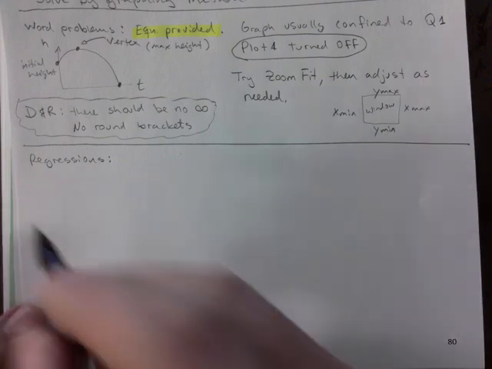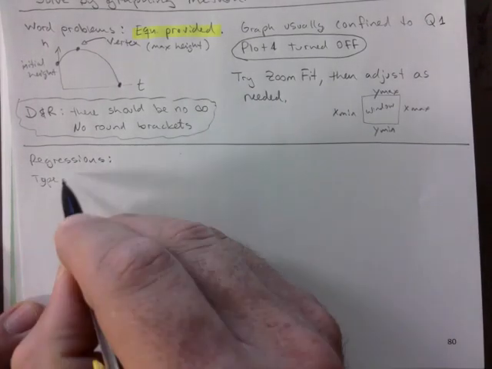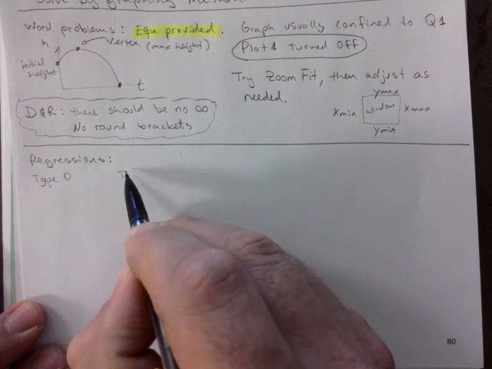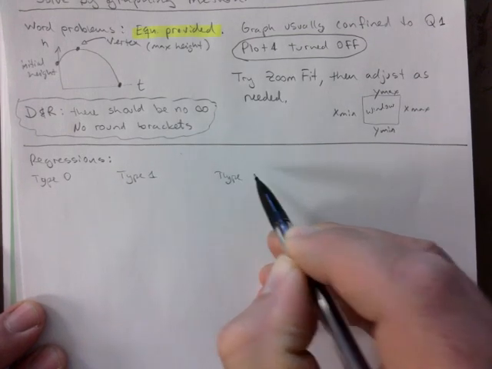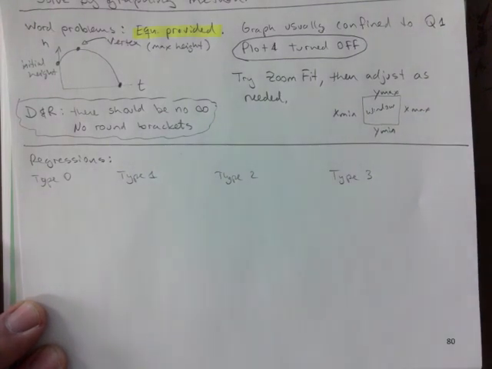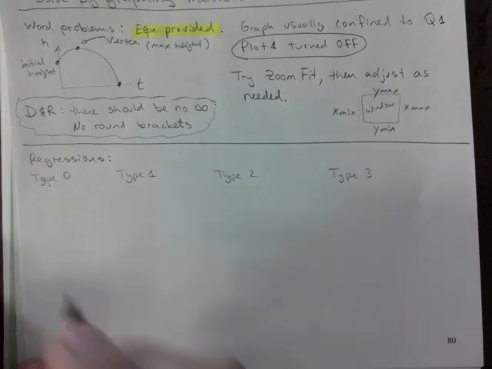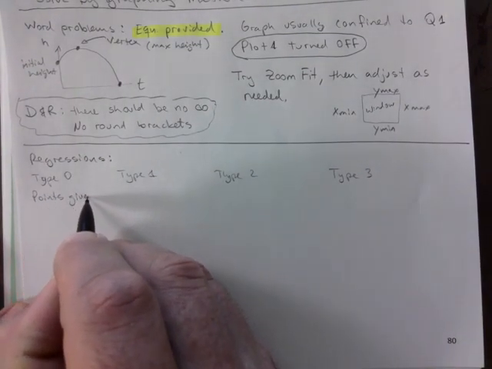Boom, boom, boom. You need to identify what's happening. So you have your type 0, type 1, type 2, and type 3, right? Points given, right? Points are given.